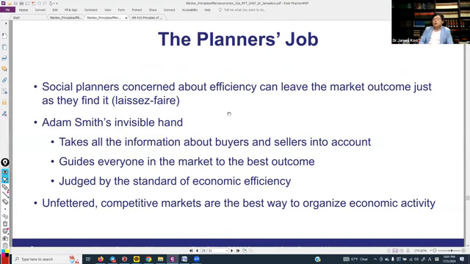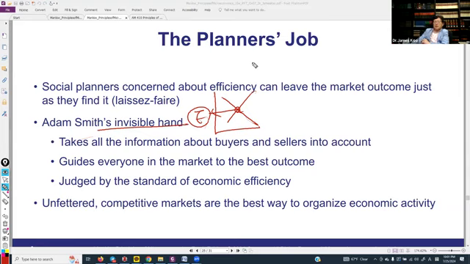A social planner concerned about efficiency can leave the market outcome just as they find it. Adam Smith's invisible hand is the economic principle of demand and supply. Demand and supply at equilibrium is the best choice.